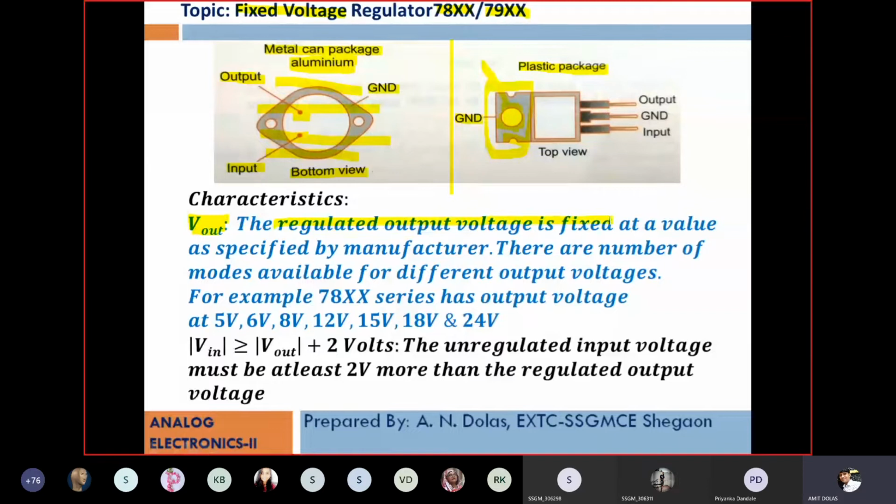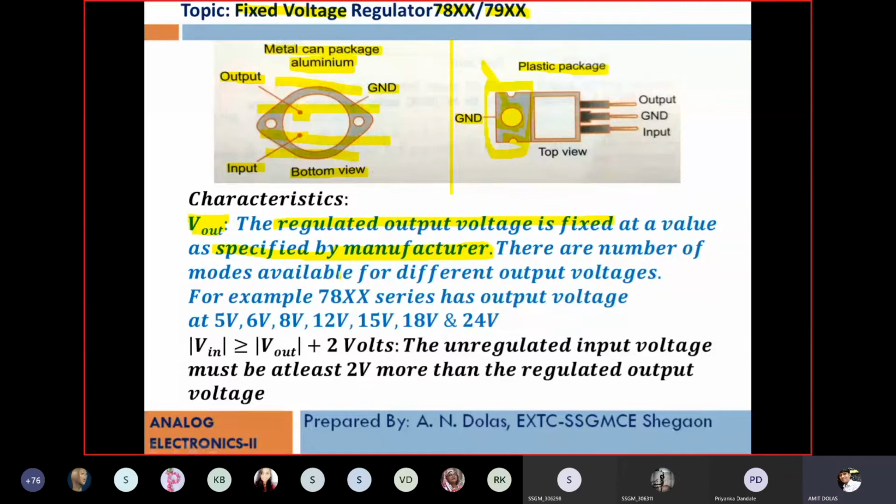That means if the IC is 7805, the output is fixed plus 5 volt. If the IC is 7912, the output is fixed minus 12 volt. So the regulated output voltage is fixed at the value specified by the manufacturer. Of course, we can understand by reading the IC number.